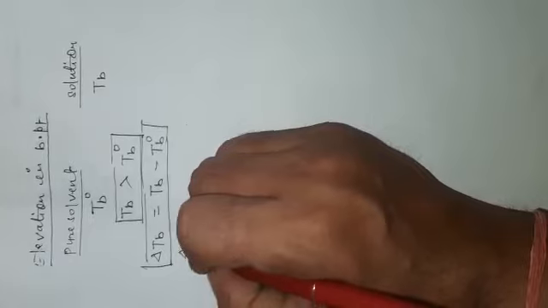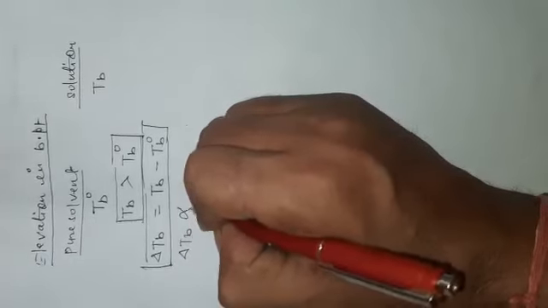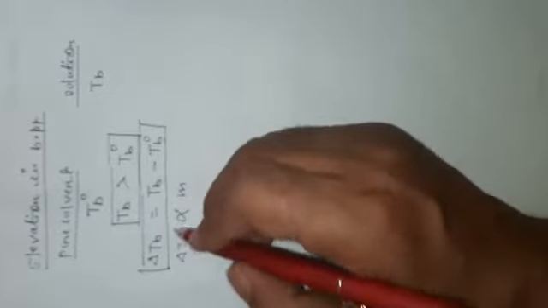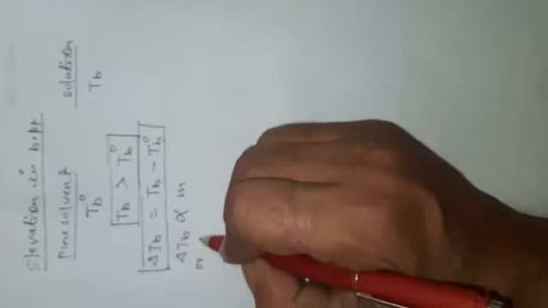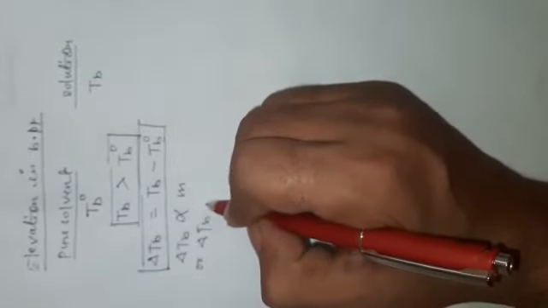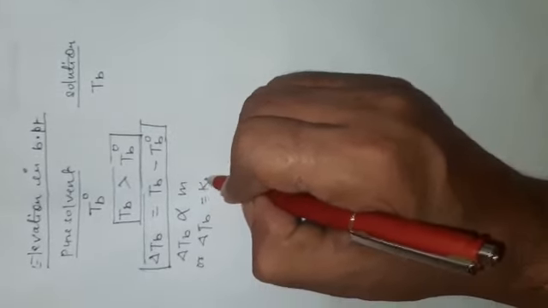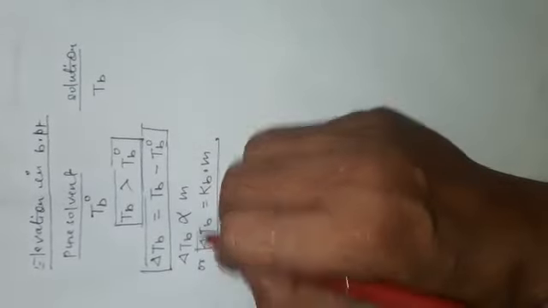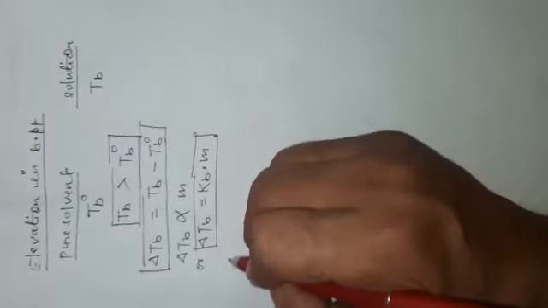Further, delta TB is directly proportional to molality of the solution, or delta TB is equals to Kb into molality. What is Kb?